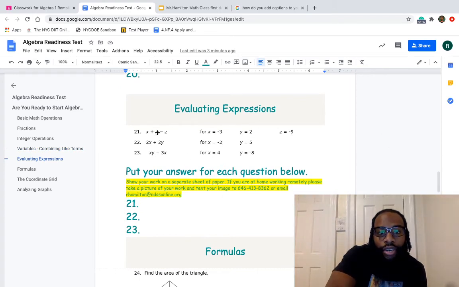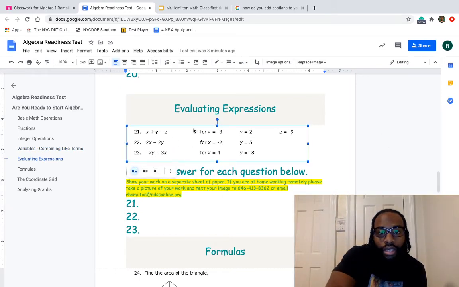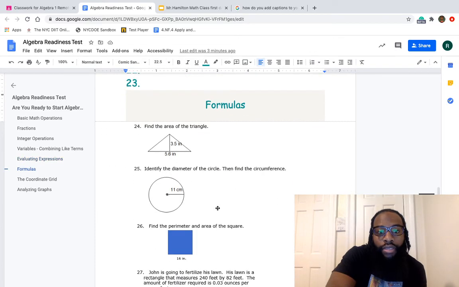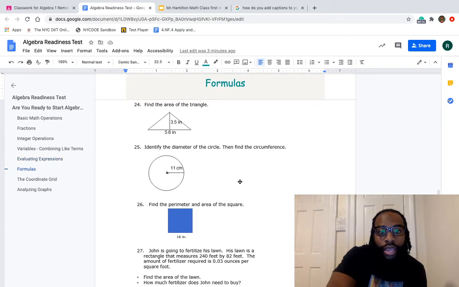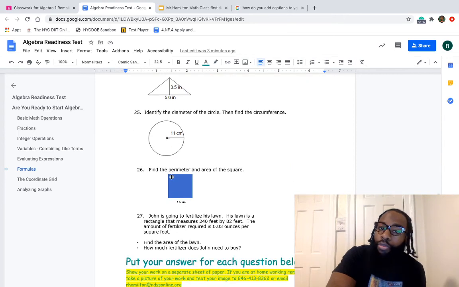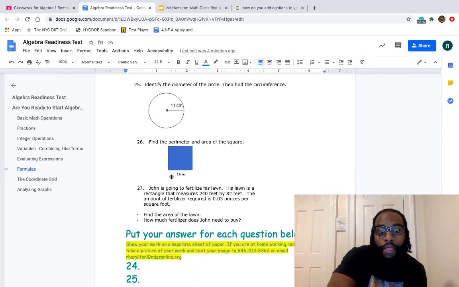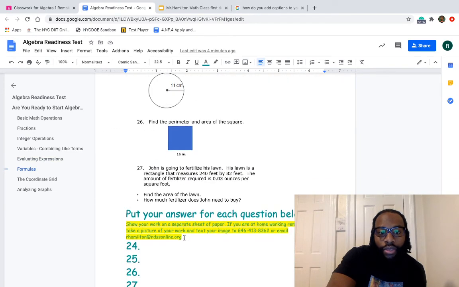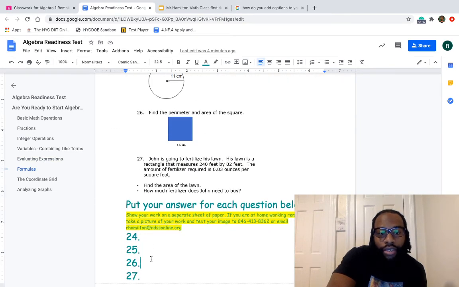Evaluating expressions, right? You're definitely going to need to show your work for this on a piece of paper. And in formulas, you're definitely going to need to show your work here, right? I need to see work, or you can probably do it in the calculator. It's up to you, right? So for 24, 25, 26, 27, you're going to put your answers here, okay?